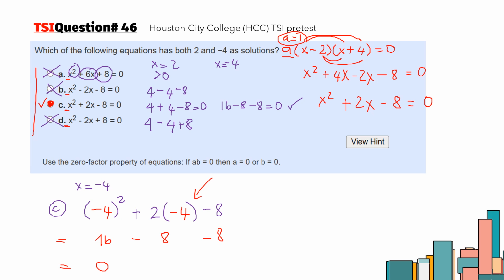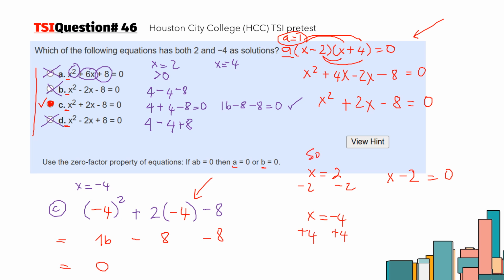And how do we come up with this one? Let's say we have x equals 2 and x equals -4. We want to make a factor before using the zero factor property. So you subtract 2 from both sides, and you will have x minus 2 equals 0, because you set each factor equal to 0. And for this one, you add 4 to both sides.